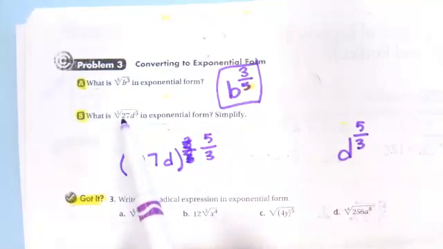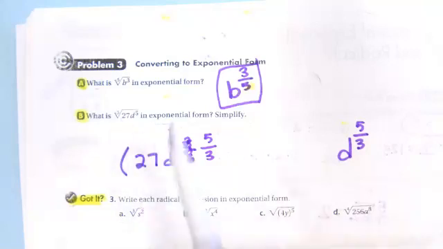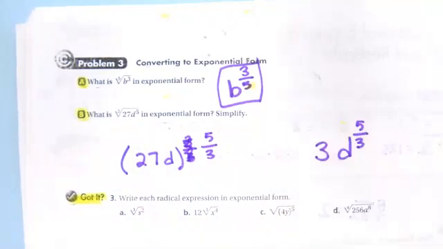As what ended up happening. All right. So what was that going to end up being? 3. Because we had to cube it. Yeah.